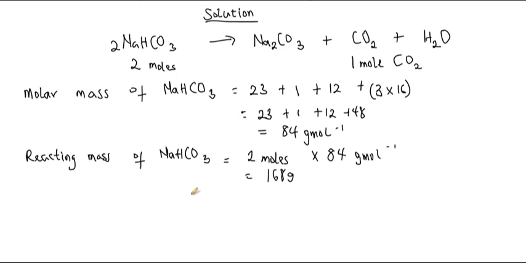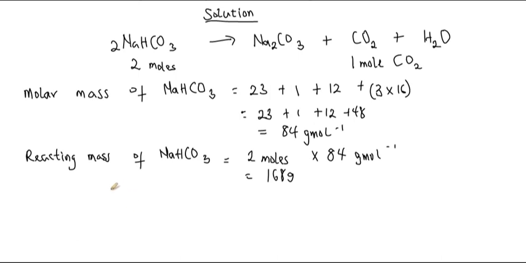Then we can now simply put that 2 moles of NaHCO3 is liberating 1 mole of CO2, that is carbon 4 oxide, at s.t.p. And also at s.t.p, 1 mole of gas contains 22.4 dm cube.